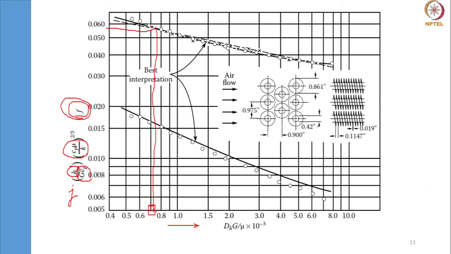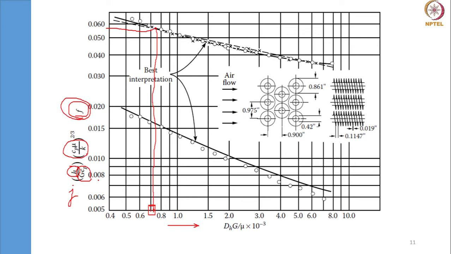We already know the Reynolds number, so it is 729. Based on this graph, similar arguments hold good for friction factor and Colburn j factor. We either have to resort to a numerical expression given which involves the heat transfer coefficient, or these graphs are more reliable because these are experimental graphs conducted over a wide range of Reynolds number.